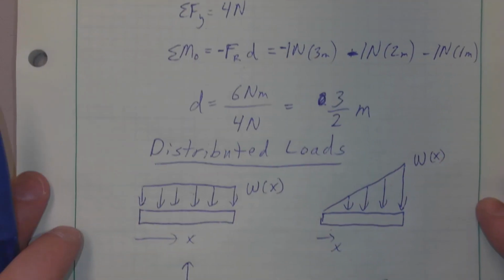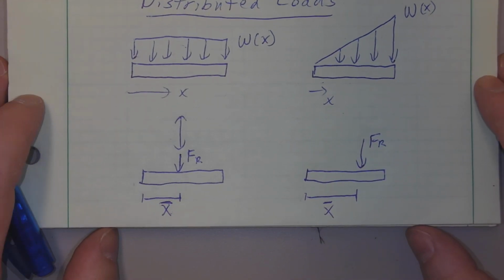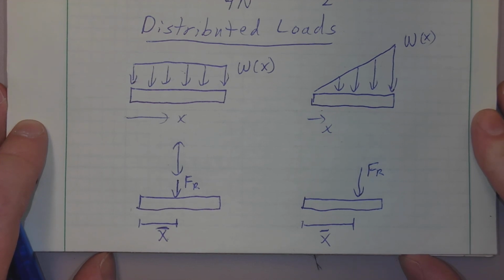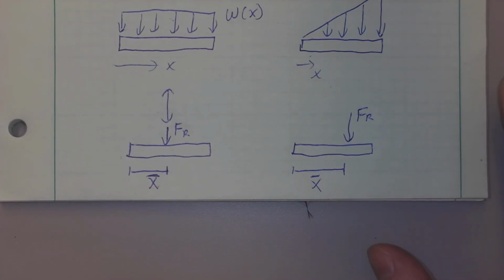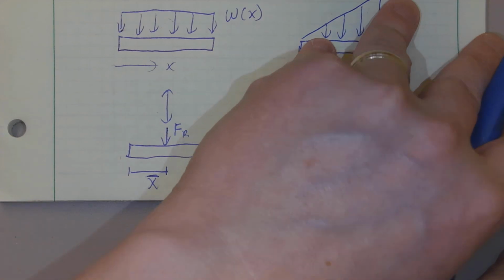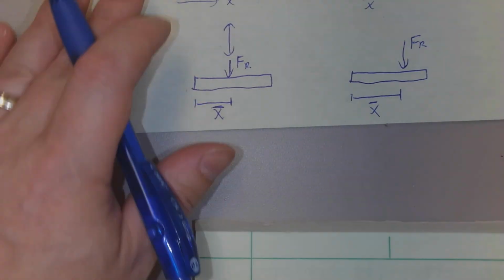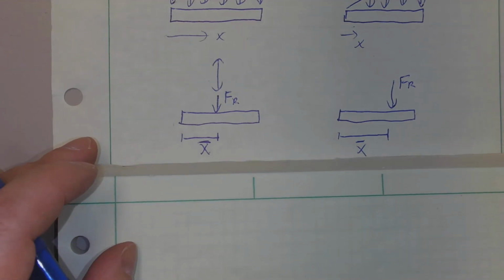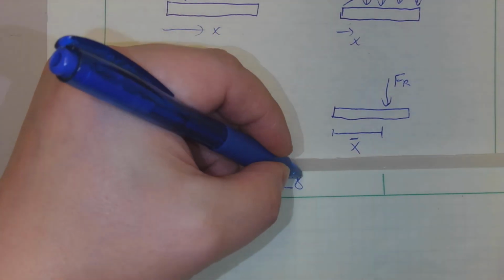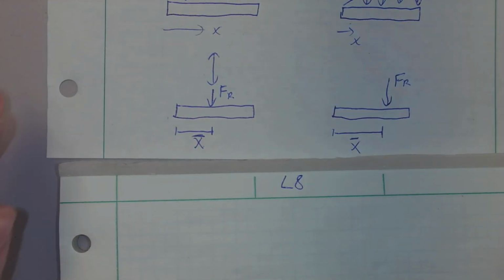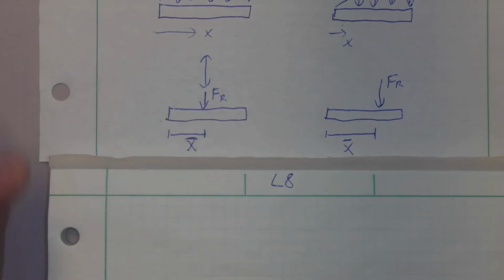But what we're going to look at then, what we're going to do, we need to talk about how do I find this X bar value. And this is L8, page 2 of something. How do I find this X bar value?